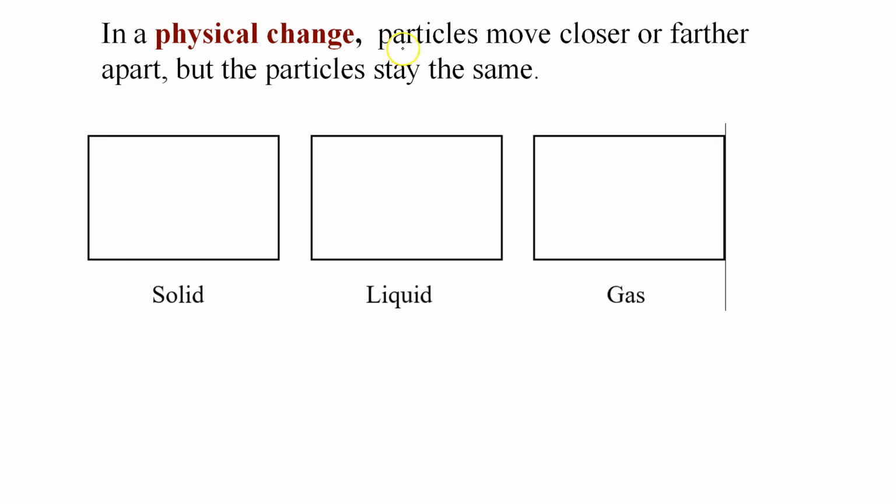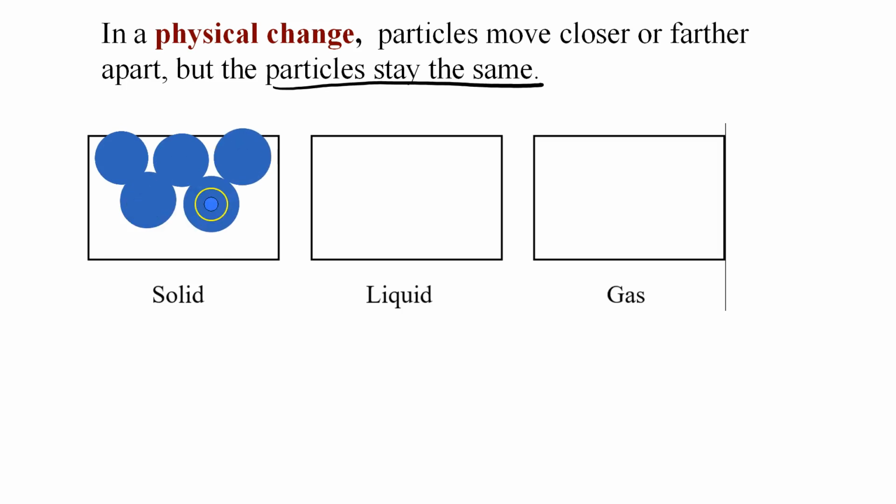But in a physical change, particles move closer or farther apart, but the particles stay the same. Water is just water. Now water can have different states: it can be in ice form, it can be liquid form, it can be water vapor, but the particles are all H2O. So in a solid, all of the particles are very close together, very densely packed.